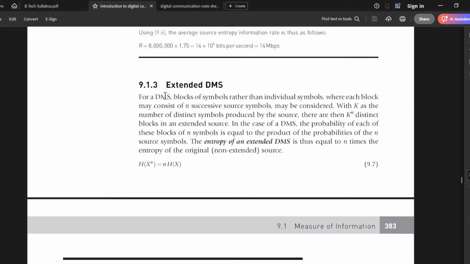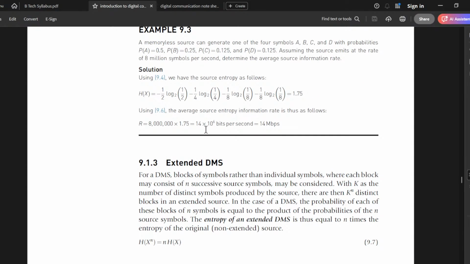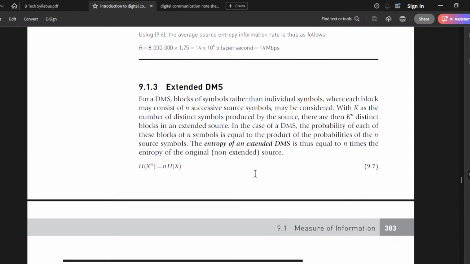Extended DMS. What is an extended DMS? For a DMS, we consider blocks of symbols rather than individual symbols. HX was bits per symbol. So now we will group the symbols, where each block may consist of n successive source symbols, with k as the number of distinct symbols produced by the source.